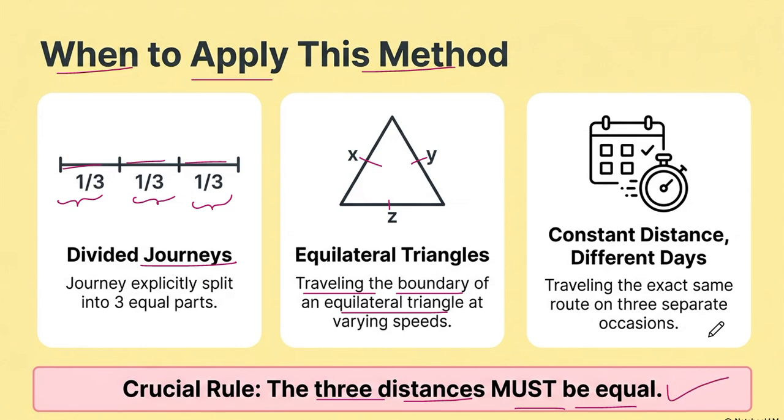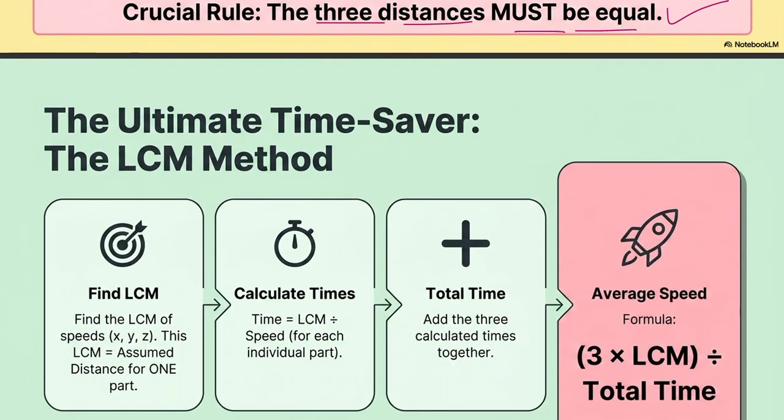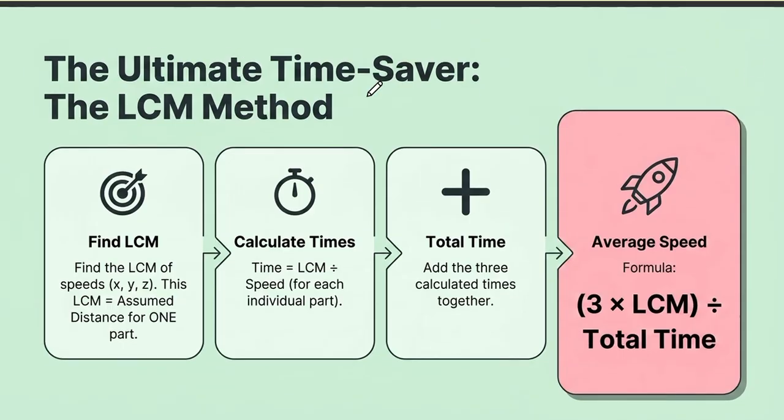Let's look at the short formula to solve the question very quickly. The first step is to find the LCM of whatever speeds are given. Let's say the speeds are x, y and z. Find the LCM with the short trick that we did in the last video. If you have not seen it, watch that video first.